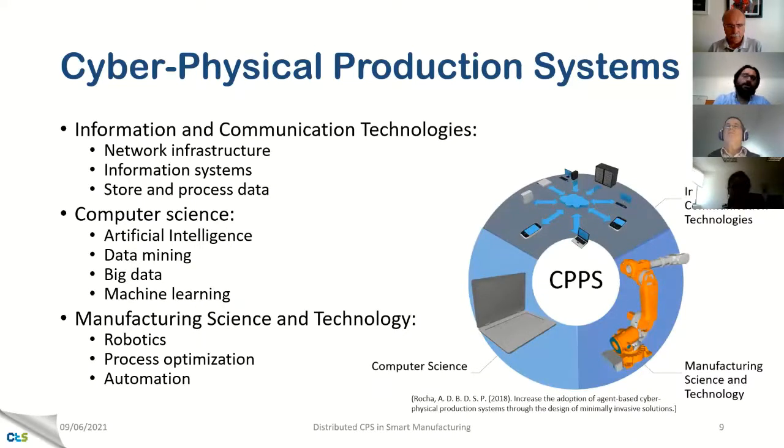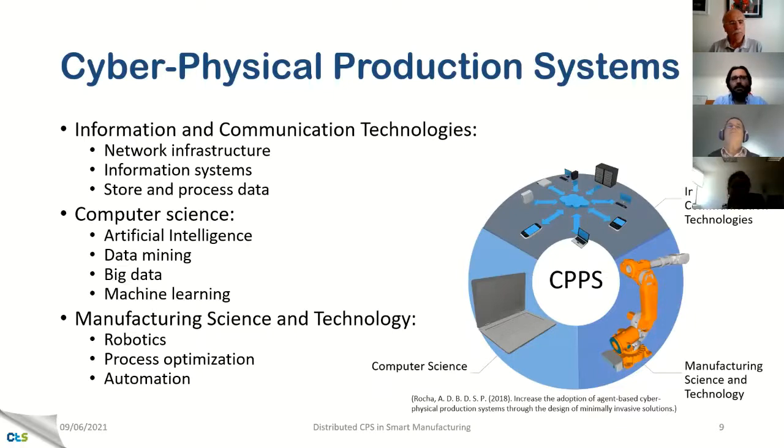Of course, cyber physical production systems is the application of cyber physical systems in the context of production. In order to develop cyber physical systems that effectively solve the problems we need to solve, and to bring the added value of cyber physical systems in a production environment, it is necessary to combine these three main areas.